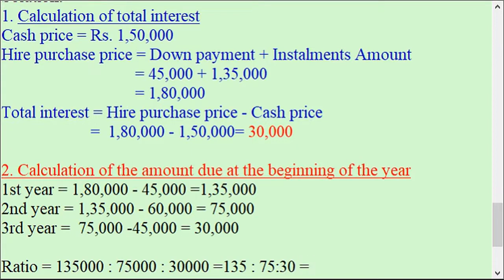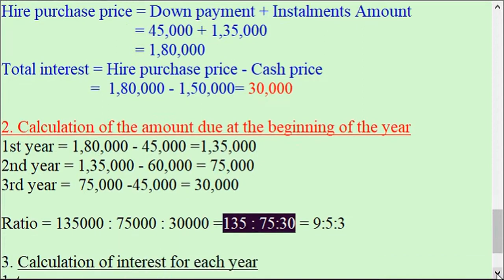This can be further simplified as 9 is to 5 is to 2, in the 15 times table. If you are not able to simplify it further as 9 is to 5 is to 2, you can stop here only. 135, 75 and 30. Take its total and calculate the interest.